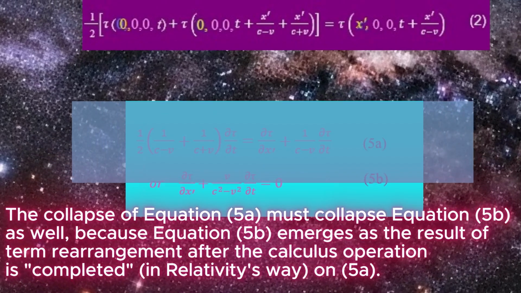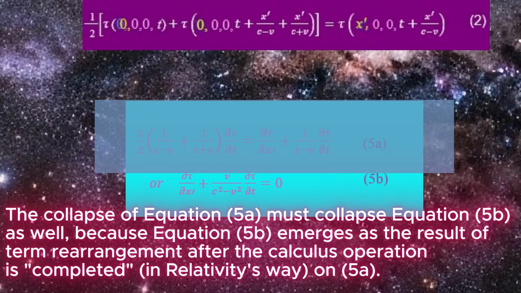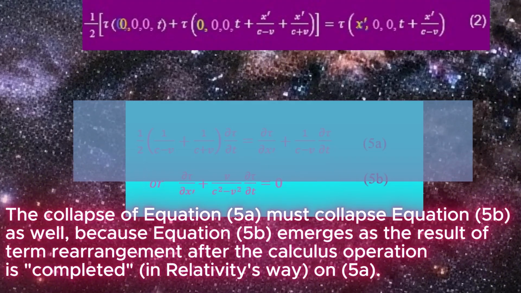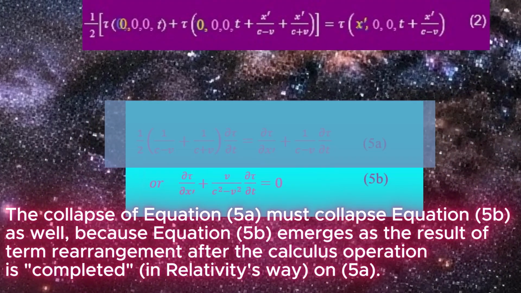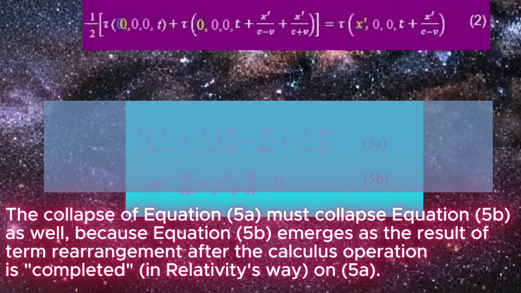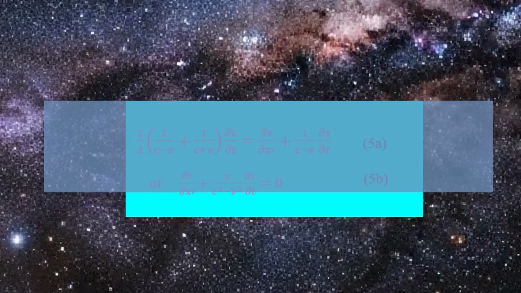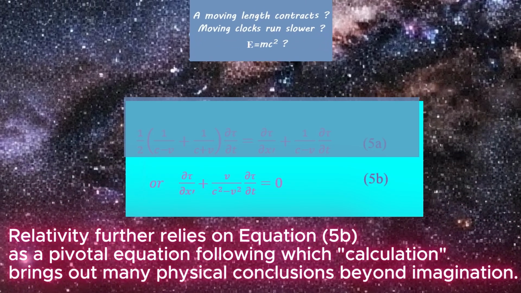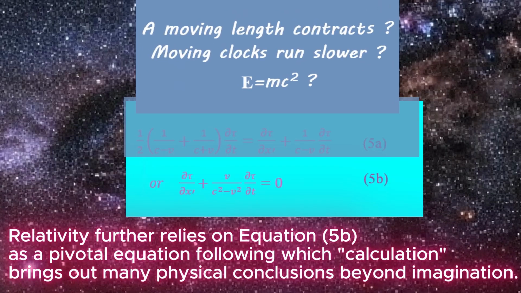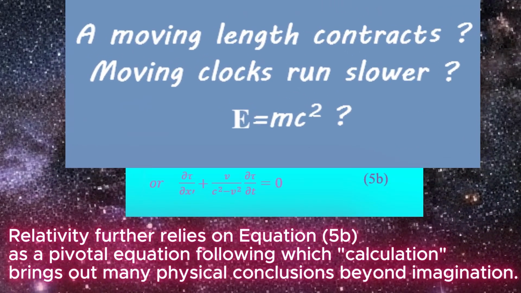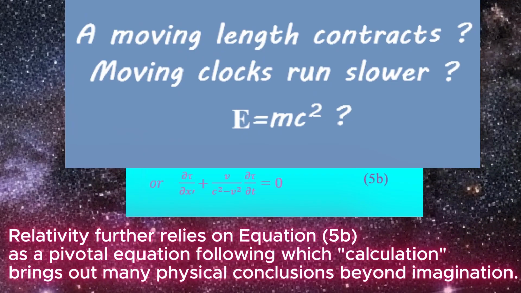The collapse of equation 5a must collapse equation 5b as well, because equation 5b emerges as the result of term rearrangement after the calculus operation is completed on 5a. Relativity further relies on equation 5b as a pivotal equation, following which calculation brings out many physical conclusions beyond imagination.